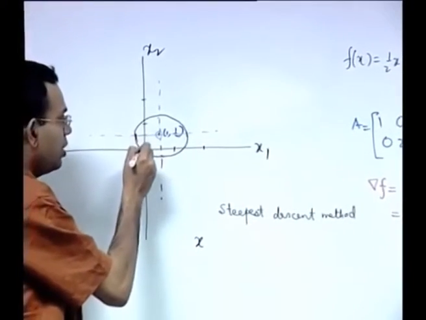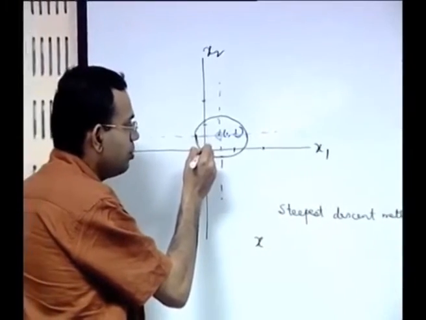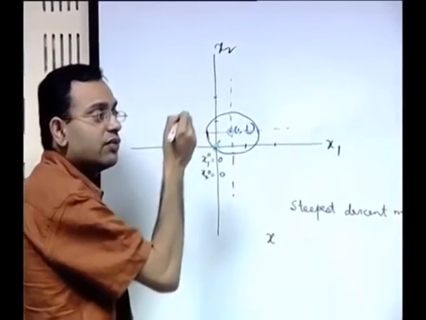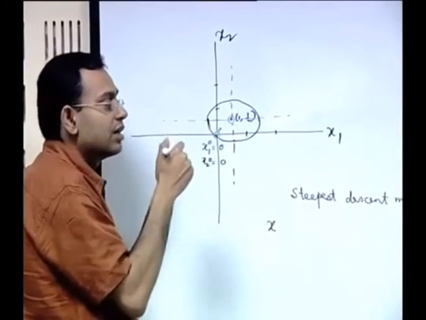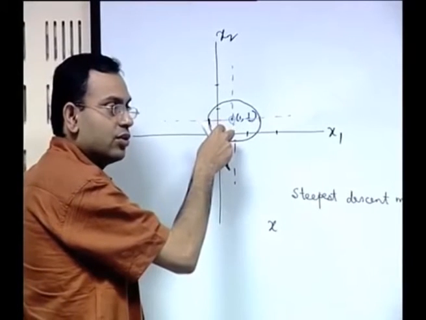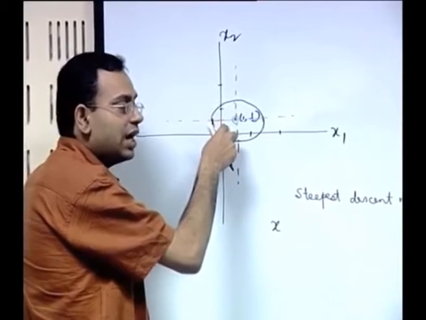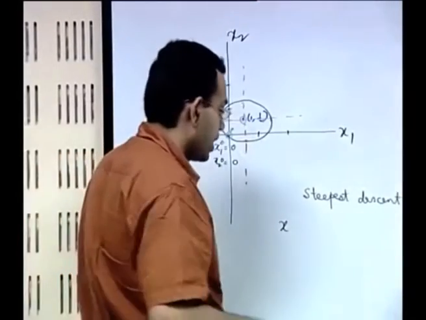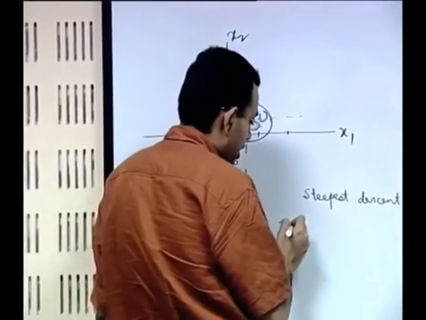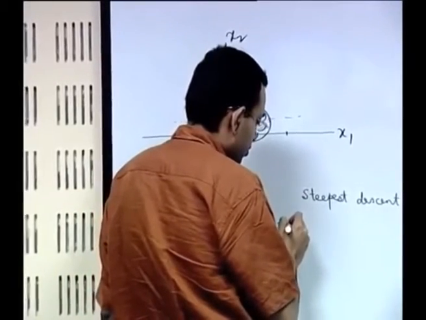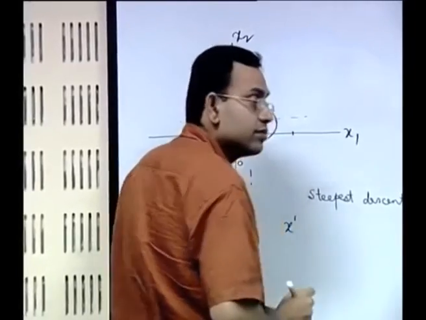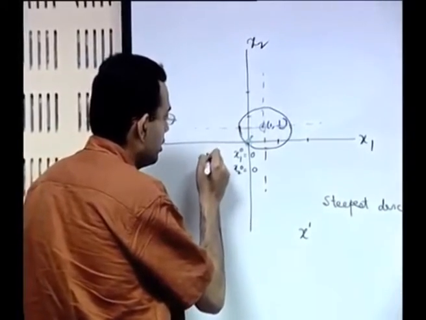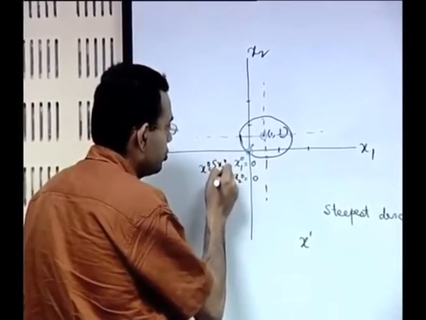We will start from the x0 point, which is 0 comma 0, move in the direction of gradient of f and stop somewhere where the function is a minimum, and that will be the new iterate, the new value of x. x0 means the vector x1 0 and x2 0.